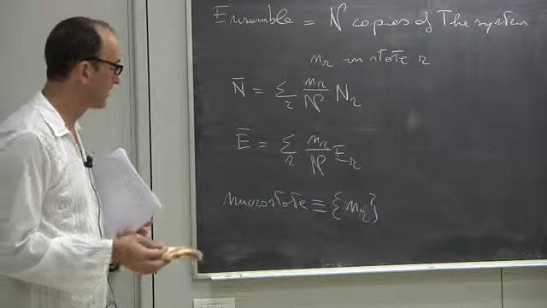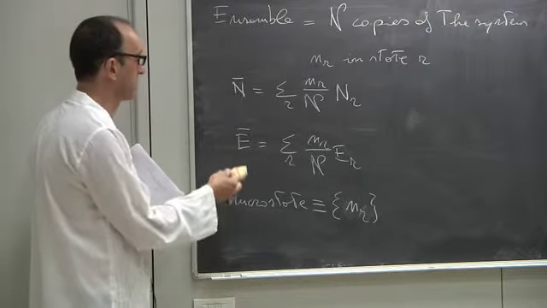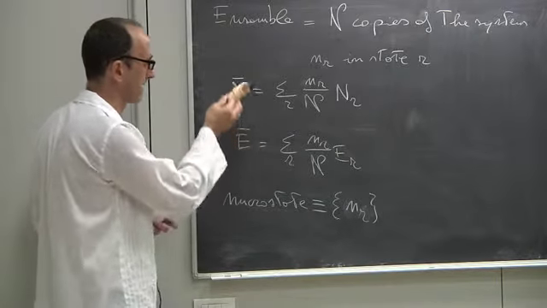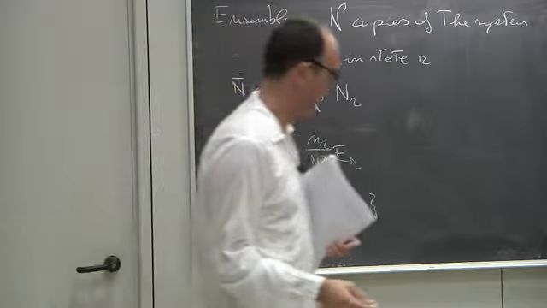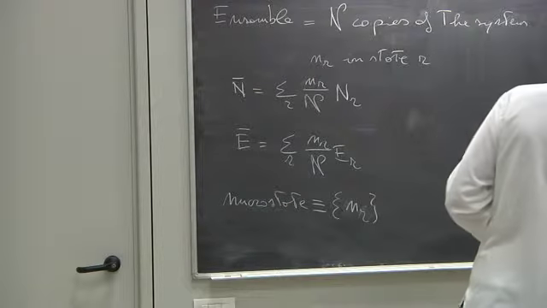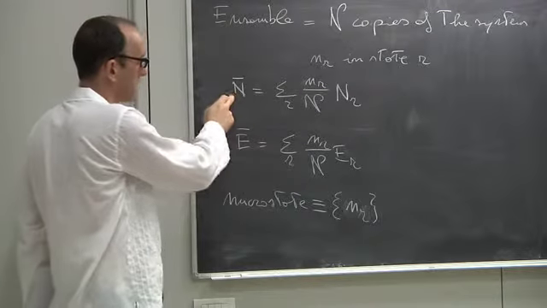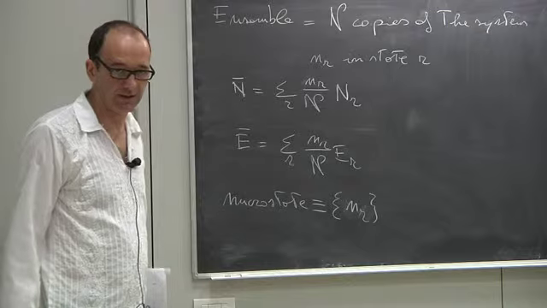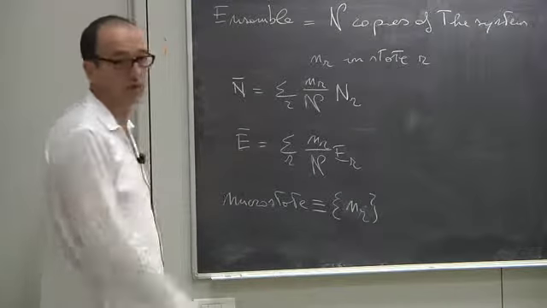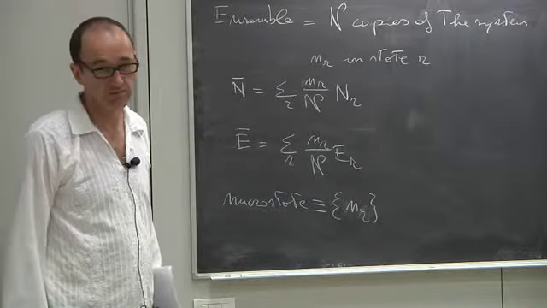All these microstates will be consistent with a macroscopic state where the number of particles will on average be this, and the expected energy will on average be this.